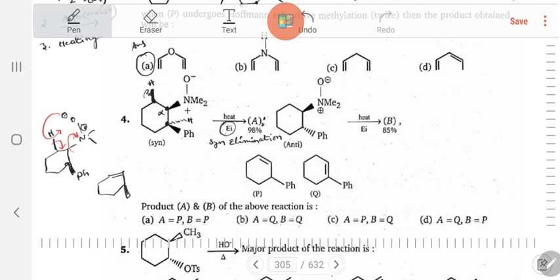This phenyl system remains as it is, right? And that amine is gone out. This is the obtained product, right? So for question number 4, when the amine oxide and phenyl are in the same direction, you will get option P. So this is the correct option for the first one.